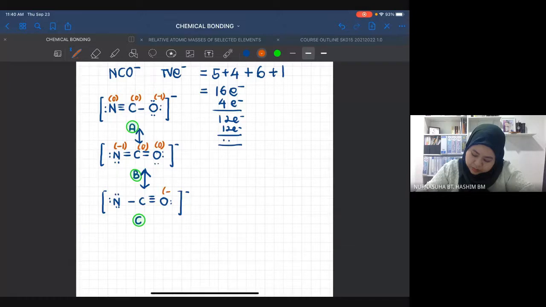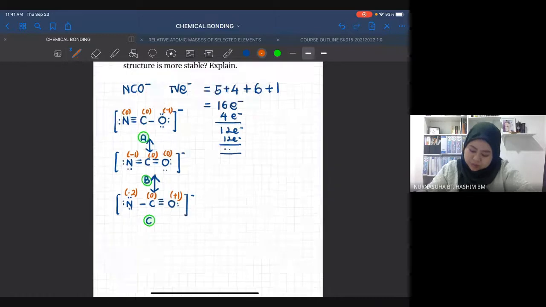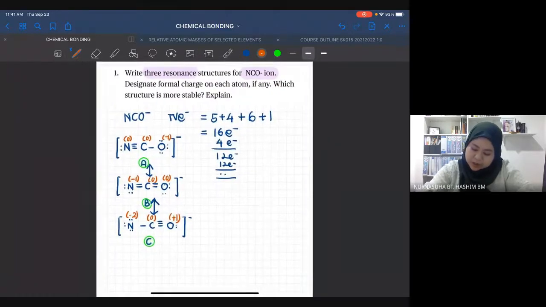Andam tolak 5, positive 1. Negative 2. Sorry, this one 0.